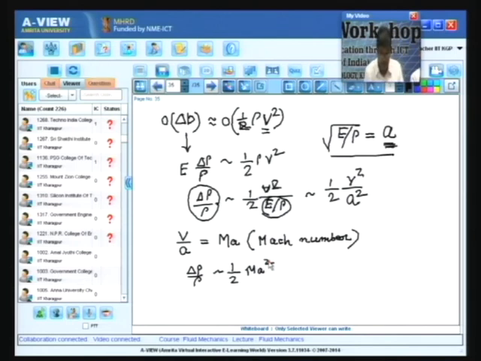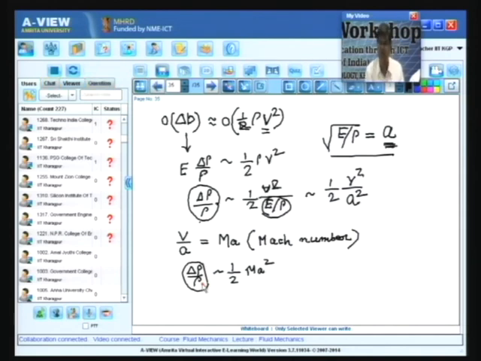That means there is a number, Mach number, the ratio of V by A, which specifies the change in density to the original density, the relative change in density.